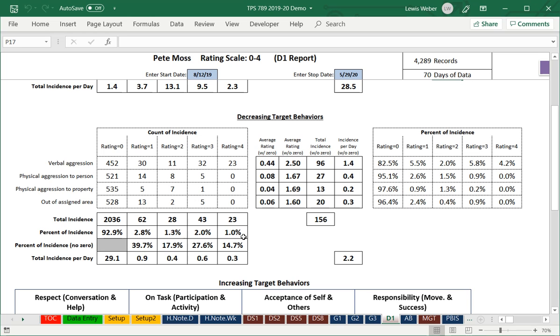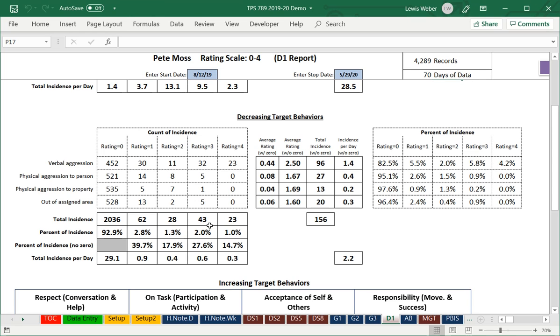So let's see what we have here. When we look at ratings of 4, which is very much not wanted for verbal aggression and physical aggression and so forth, across target behaviors, 23 times a recording block was recorded with a 4 for a decreasing target behavior.